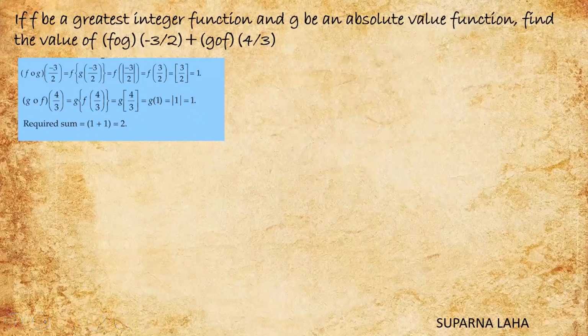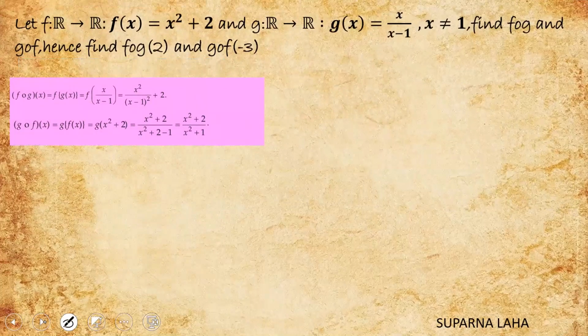So moving to the next problem. f of x is equal to x square plus 2 and f is defined from R to R. g is defined from R to R and g of x is x upon x minus 1, where x is not equal to 1. Why is x not equal to 1? Is it needed? Of course it is needed. If x is 1, the denominator will be 0 and at that time g of x is not defined in this set.